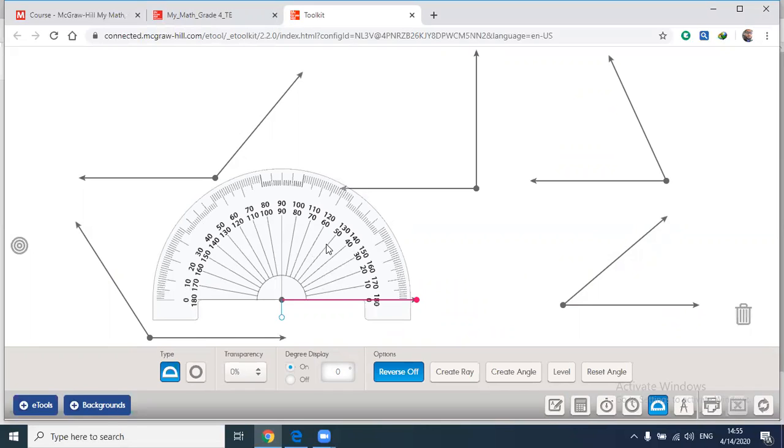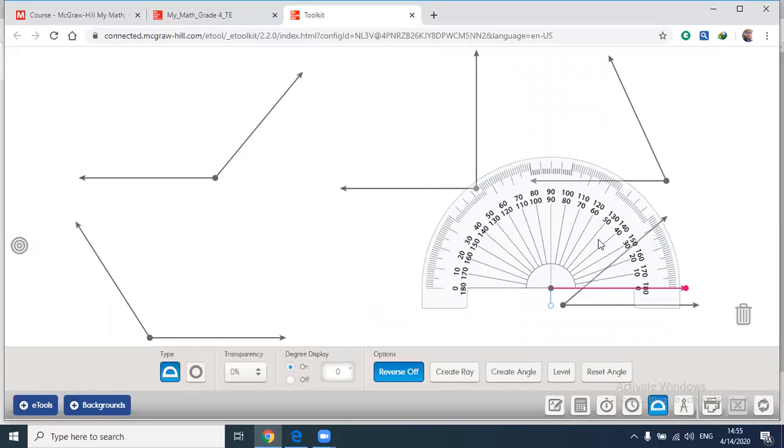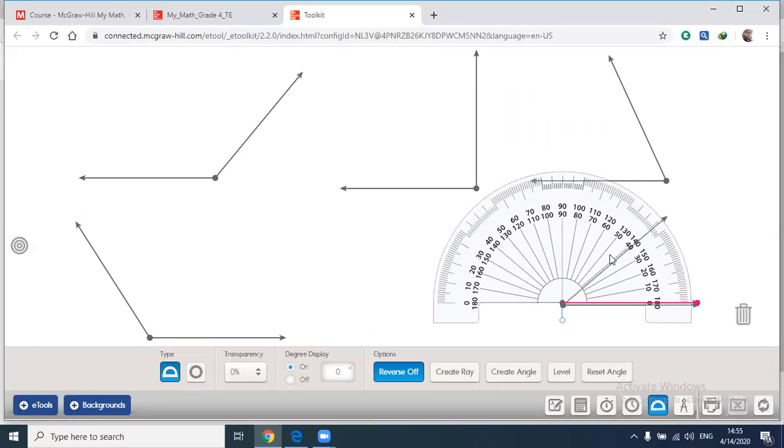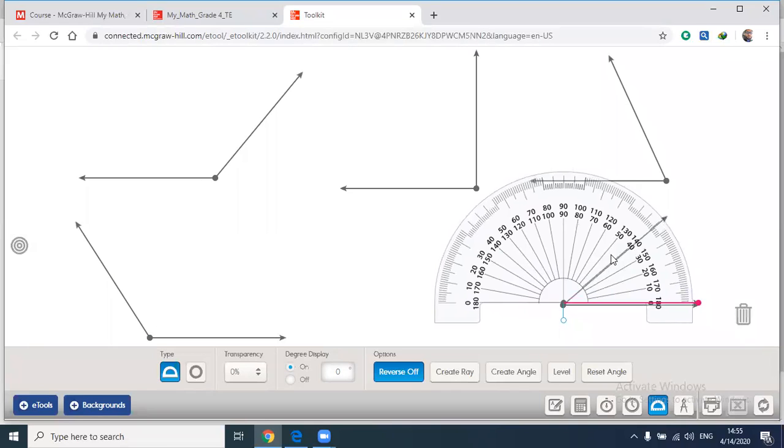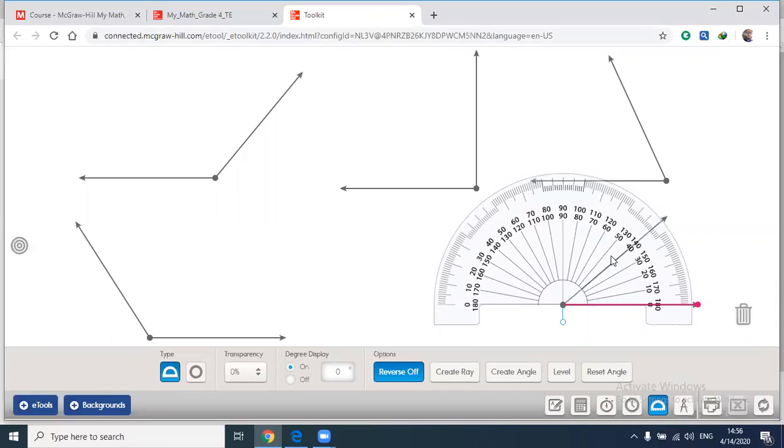How to measure the angle? At the beginning, place the protractor on the angle. Anywhere? No. The protractor has a center and the angle has a vertex. Place the center of the protractor on the vertex of the angle. Then put the line of zero on one of the sides of the angle.